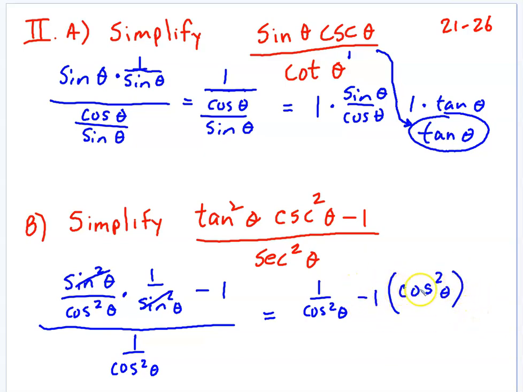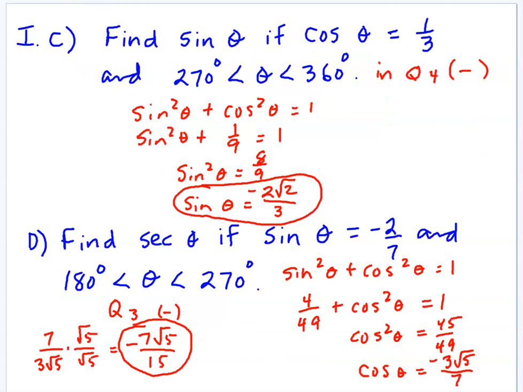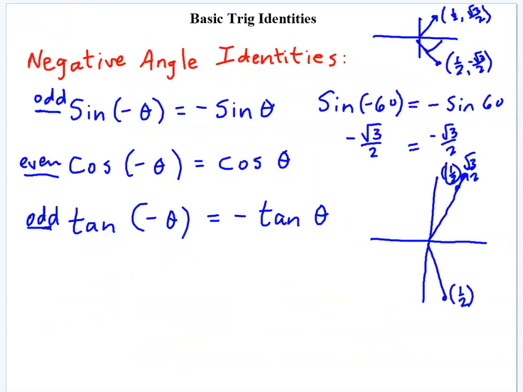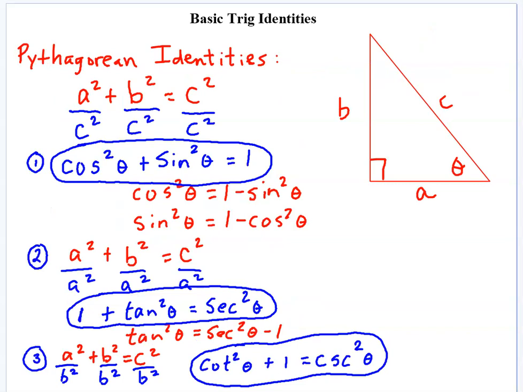Okay, so I'm multiplying cosine squared theta times both of these, and so I need to employ the distributive property. So cosine squared times 1 over cosine squared is just 1. And then cosine squared times negative 1 makes negative cosine squared theta. And I'm just going to go back for a second. Remember, we had a Pythagorean identity, and I told you that you have some spin-offs.